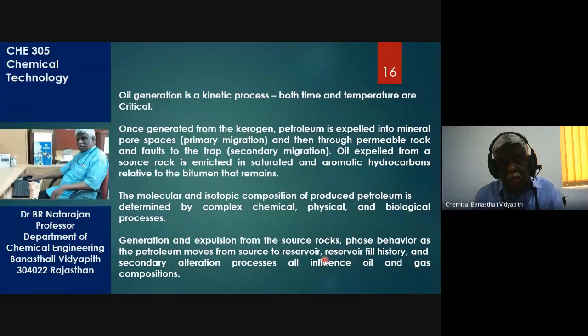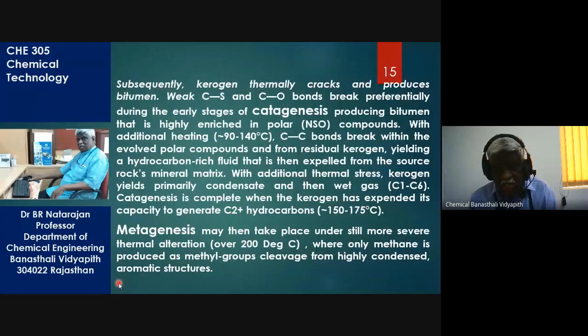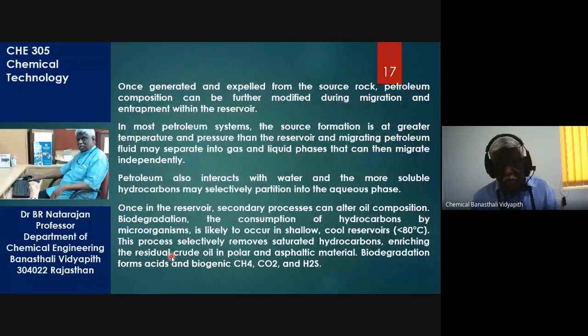Reservoir is where the accumulation and collection happen, and the reservoir fill history and secondary alteration processes all influence oil and gas composition. So how oil formed determines its composition. That is, to what extent diagenesis, catagenesis, and metagenesis happened will determine what type of hydrocarbons are present in the crude oil, and that is how the classification of the crude oil will be done. Okay, we'll come to that.